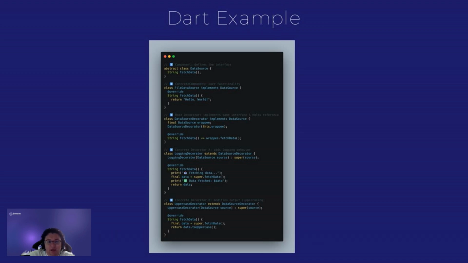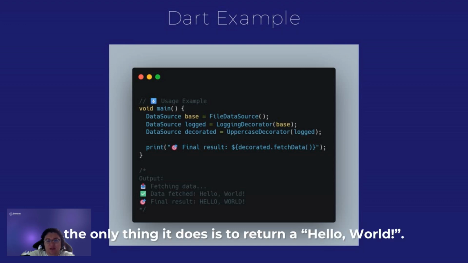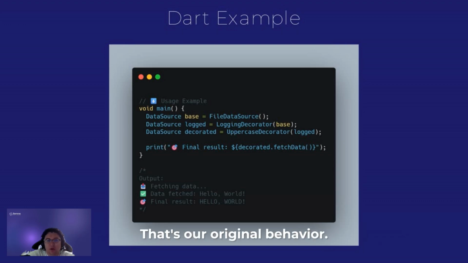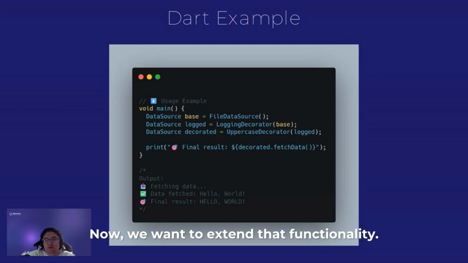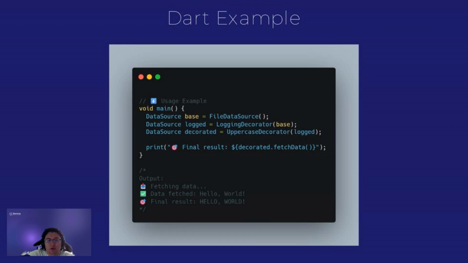Let's see how we implement this code, how we use it. So we instance the base class, that is the file data source. Let's remember that the only thing it does is return a hello world. That's our original behavior. Now we want to extend that functionality. Now we want to not only print hello world, but also do some logging, some output. So in the logging decorator, we send that base class, and that's the one that will be extending the functionality.